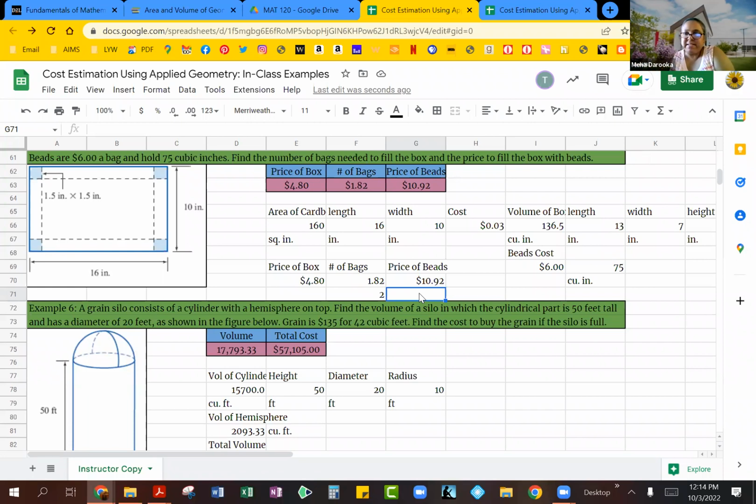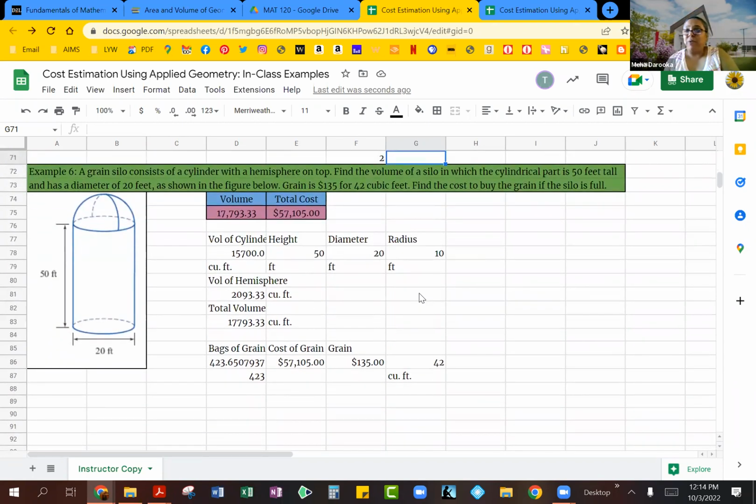So you will have beads left over. But in this case, it's a box made out of cardboard, so it's okay if you have beads left over. They're not going to go bad or anything of that sort. With the grain, we cannot leave it sitting outside if it's not in the silo. So yeah, we did round up in the box and the beads also. Yeah, very good.